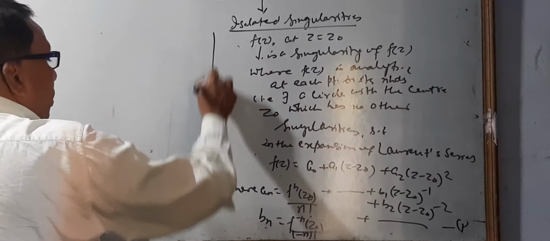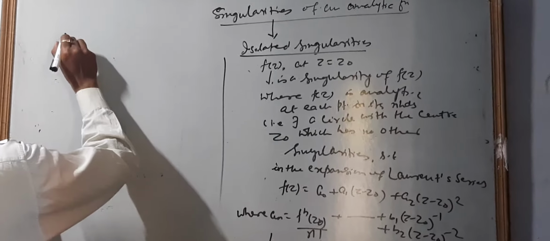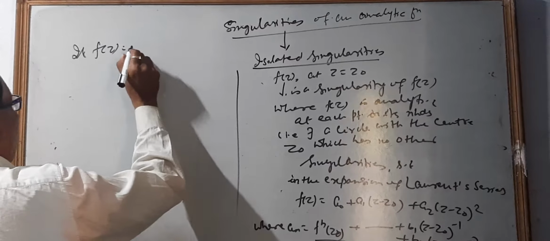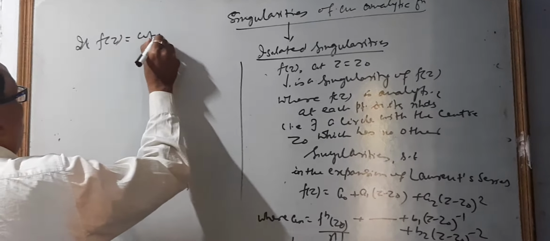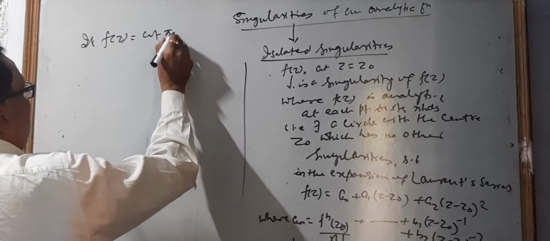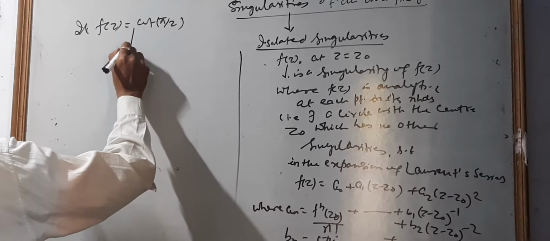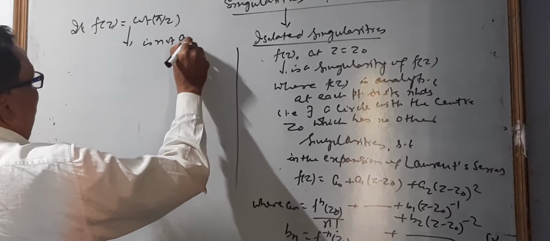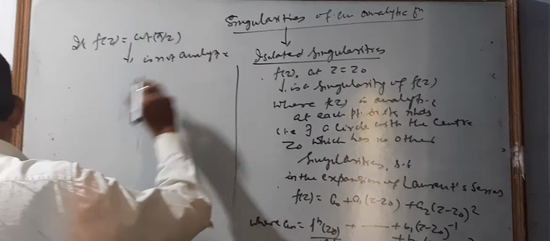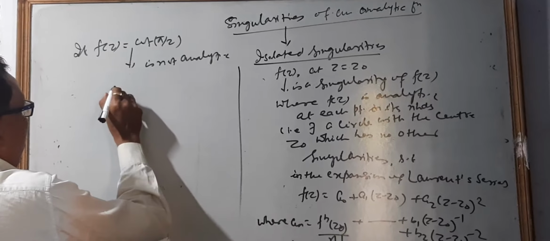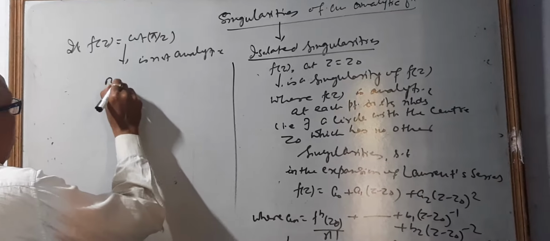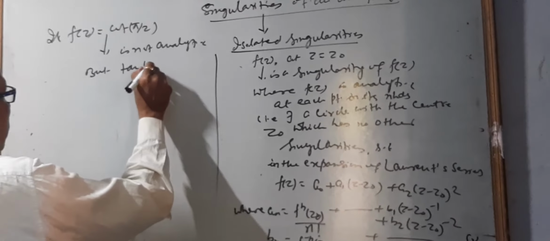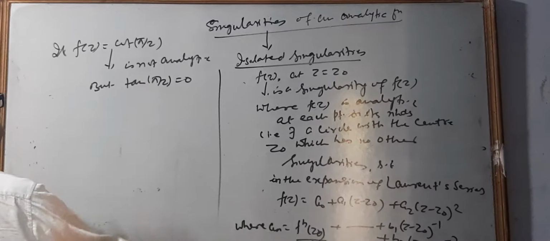Suppose function of z equal to cot pi upon z, this function is not analytic where tan of pi upon z equal to 0.